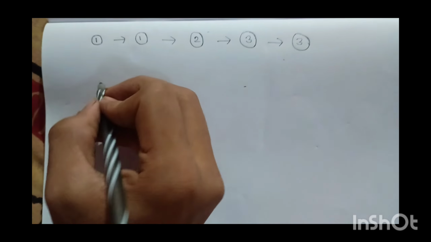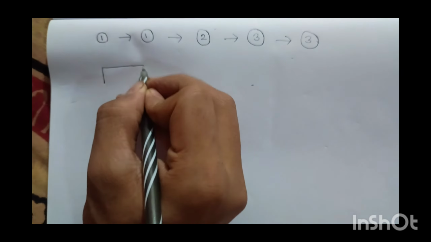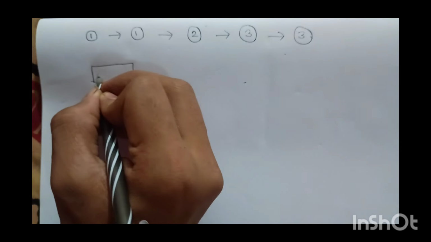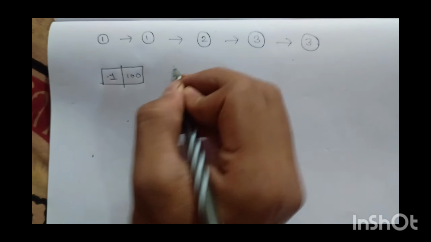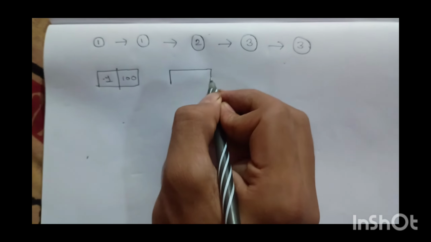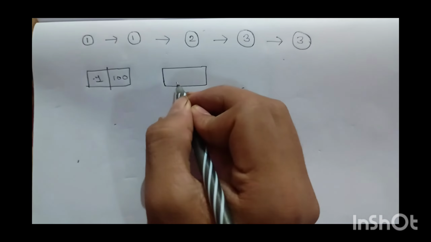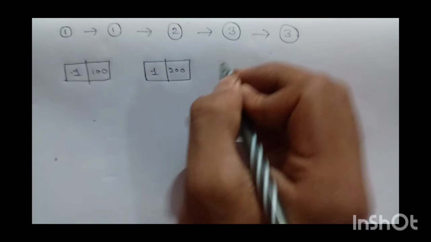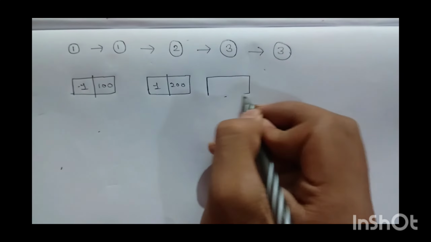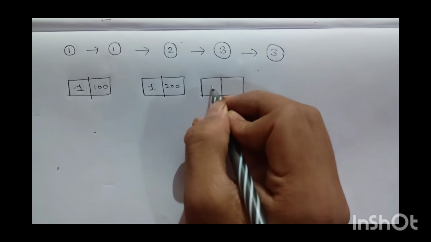First, we will give addresses to these nodes. Like this is one, and here I will write 100. We are assuming these addresses; these are not real. The data in this node is also the same, but the address will be different for each node. That's why it's a different node.